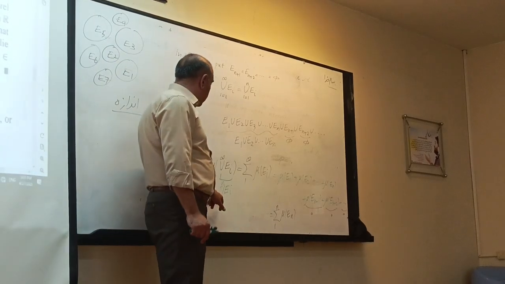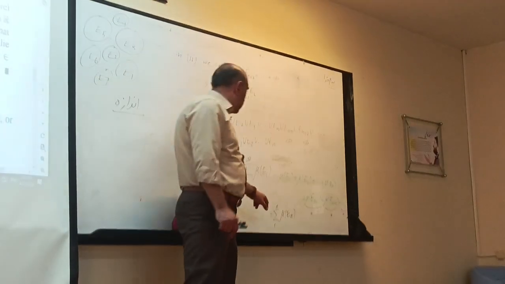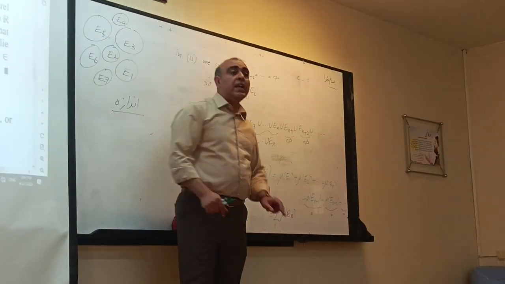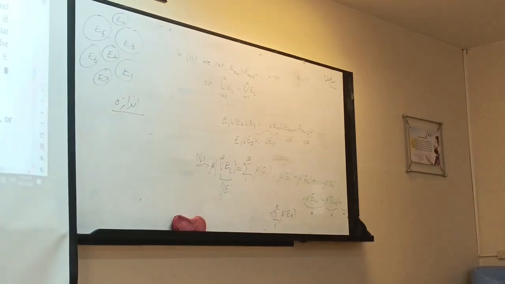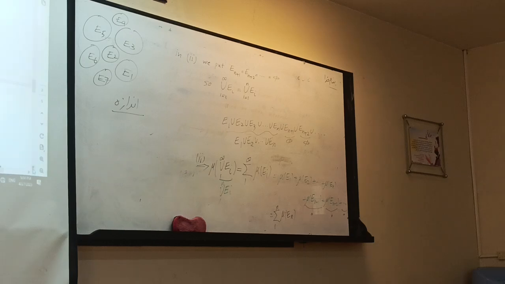So mu of the union from 1 to n of Ei is equal to the summation from 1 to n. This is condition 2 prime. We conclude condition 2 prime from condition 2.